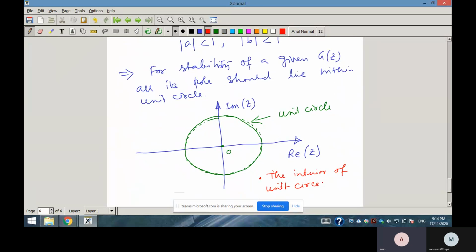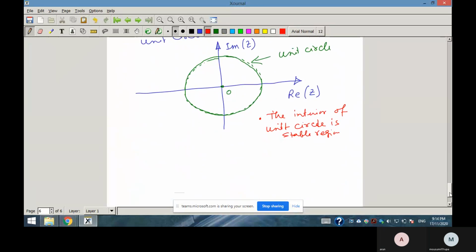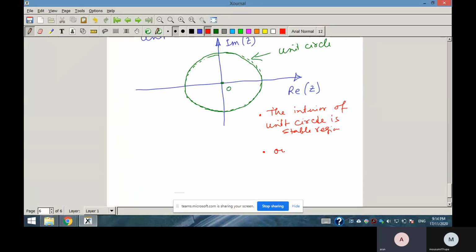The interior of the unit circle is the stable region, and the outside of the unit circle is the unstable region.